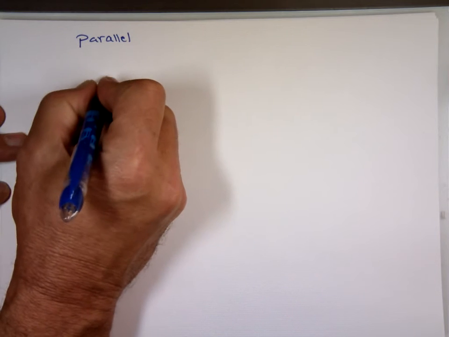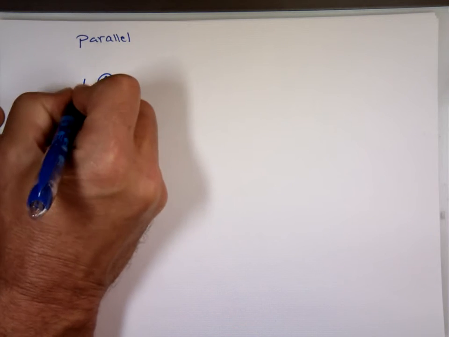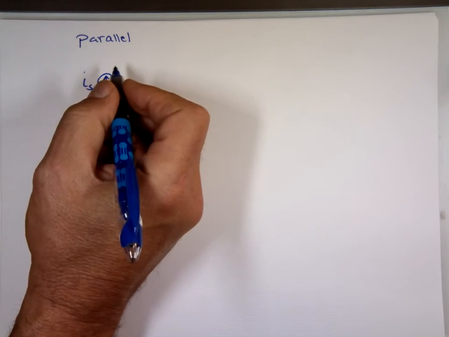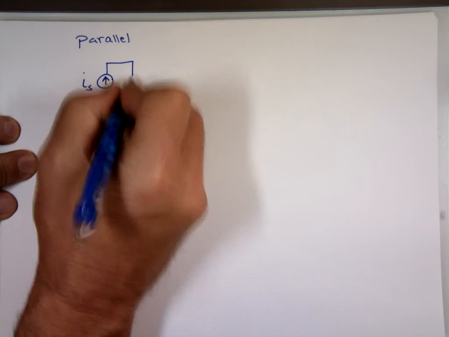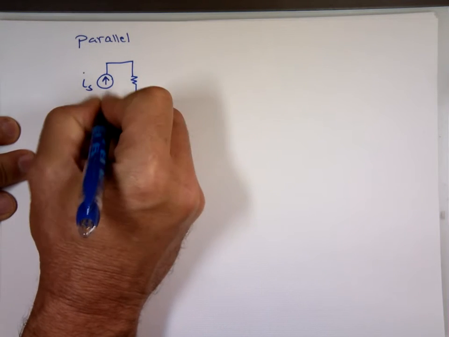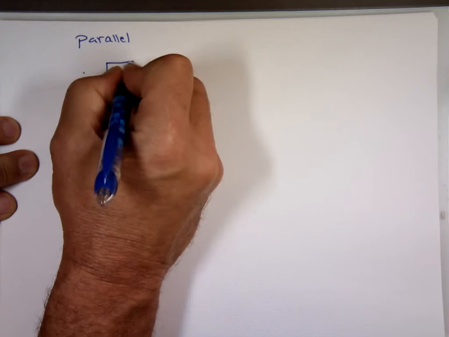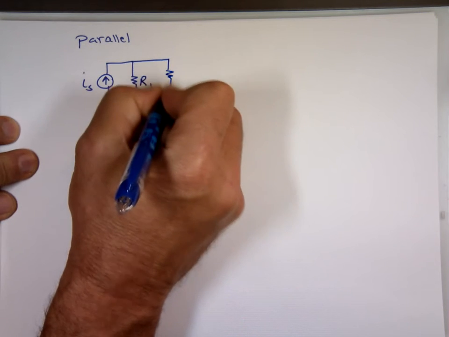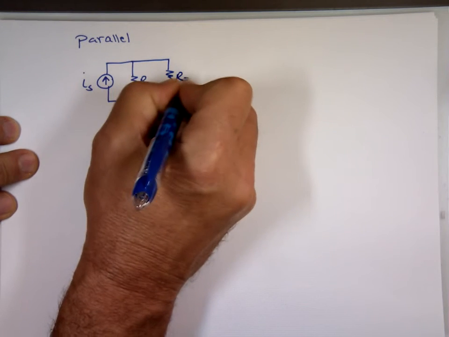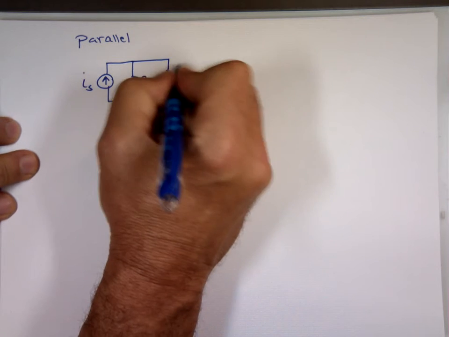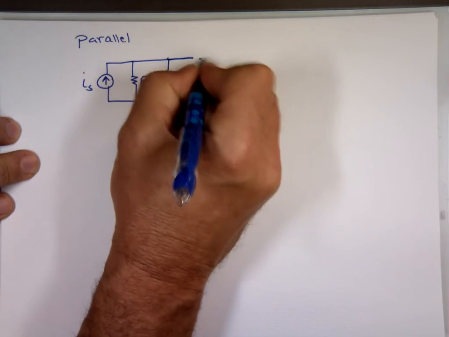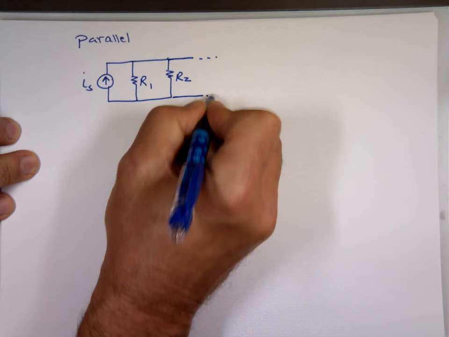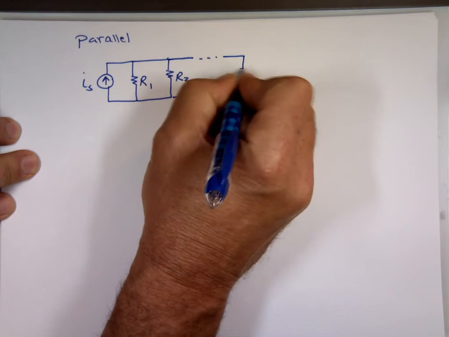I have a current source pushing current up there, I sub S. I got one resistor of R sub 1, another one R sub 2, and there's more. I'll just go dot, dot, dot, and R sub N.